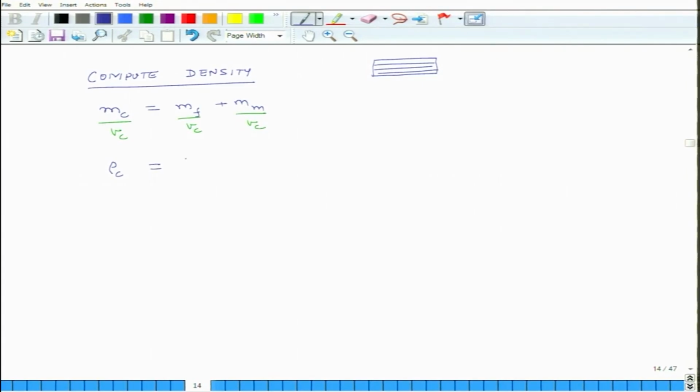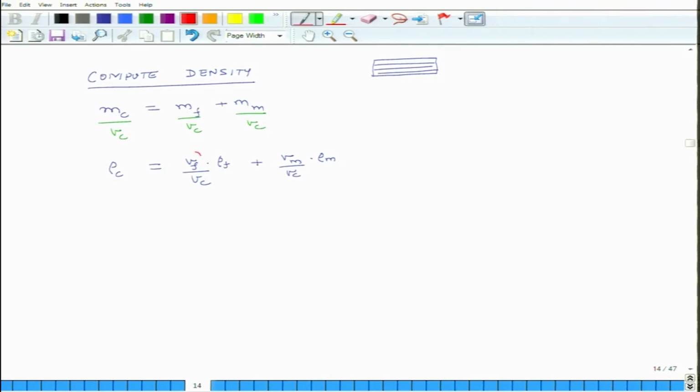Mass of fiber is volume of fiber times density of fiber, and then I am dividing this by Vc. Similarly, mass of matrix is volume of matrix times density of matrix, and this I am dividing by Vc.